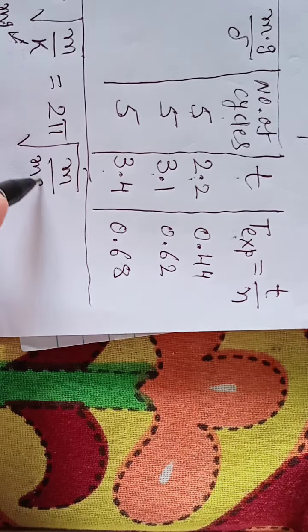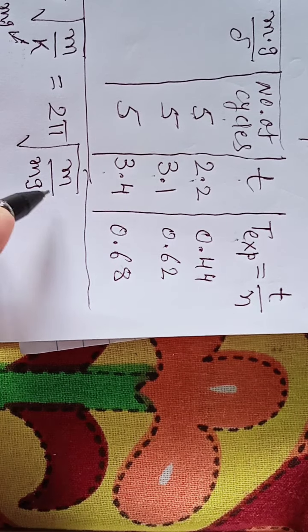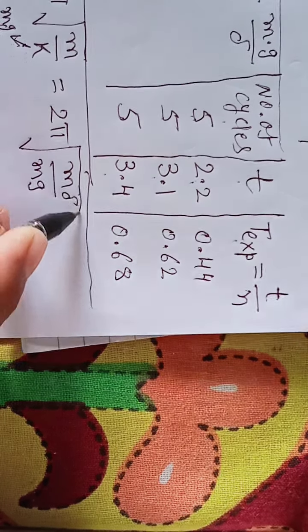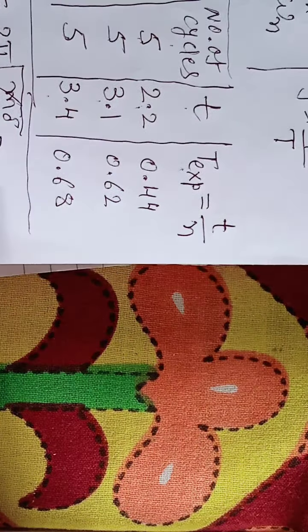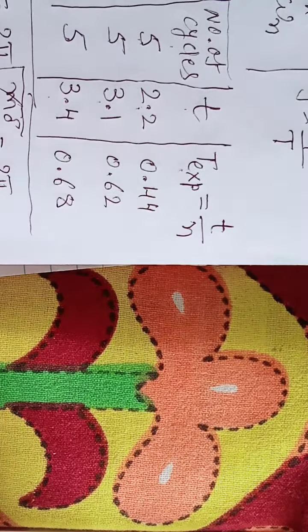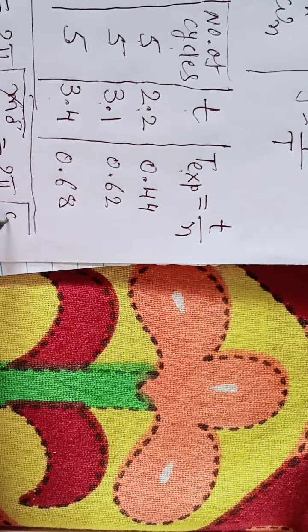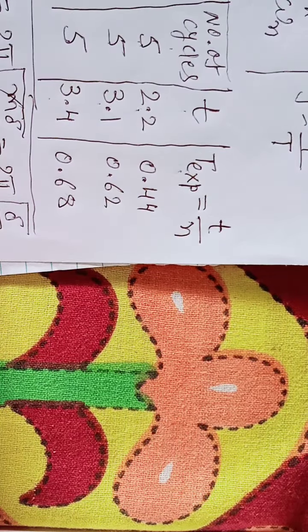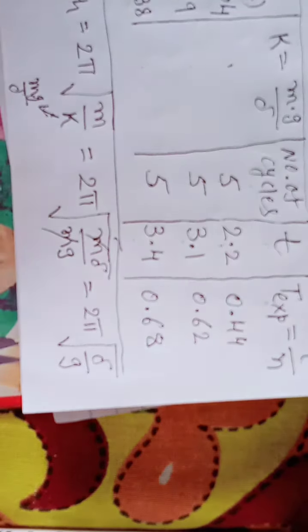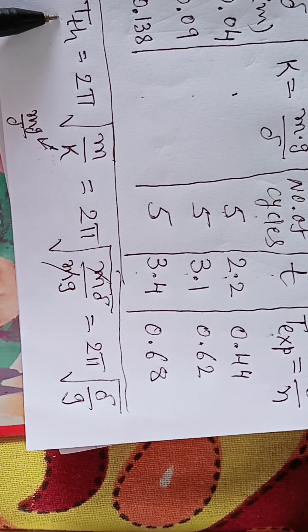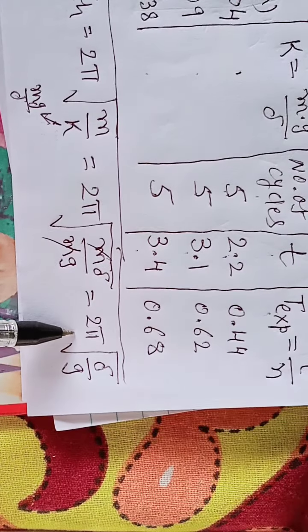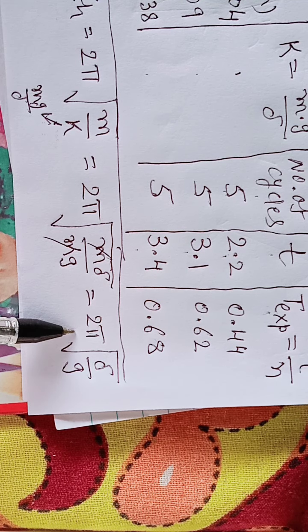So it is 2 pi square root of m divided by mg by delta, m is nullified. So finally it is 2 pi square root delta by g. So theoretical time period can be found with the help of this equation.